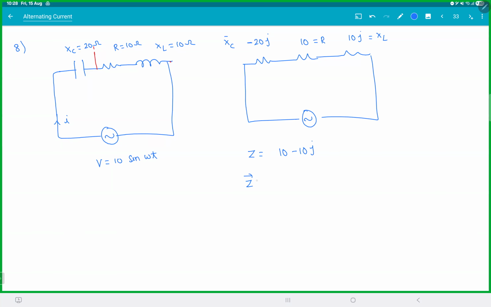So what is Z bar? 10√2 at minus 45 degrees. What is V bar? 10, 0 degrees. So what is current? V bar by Z bar, which will be 1 by √2, 45 degrees. So current as function of time t will be 1 by √2 sine omega t plus 45. There, that's your current as function of time t.